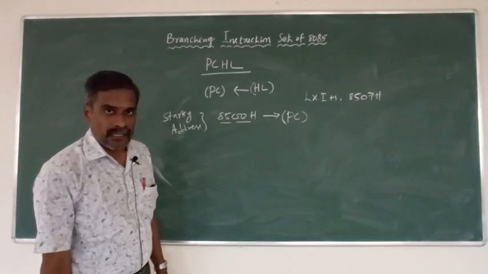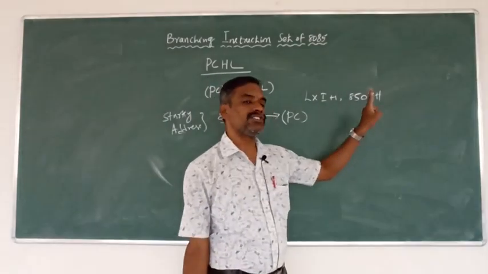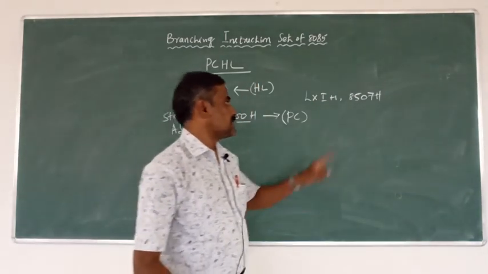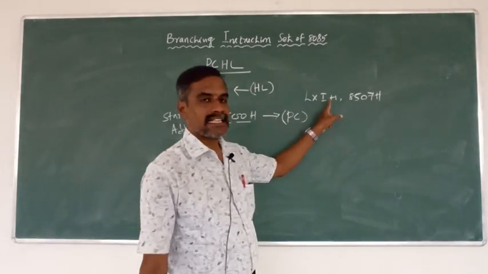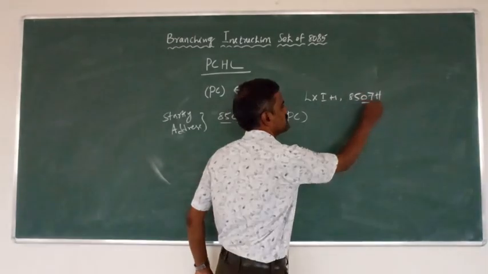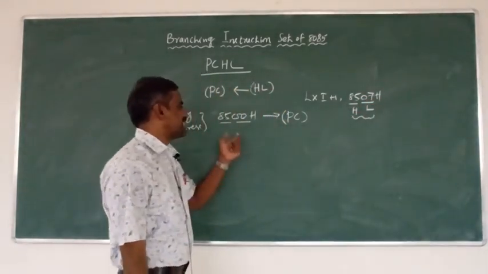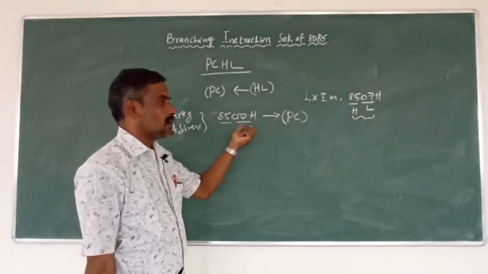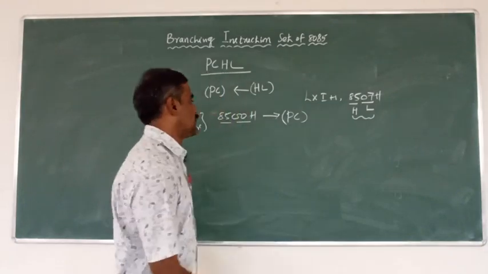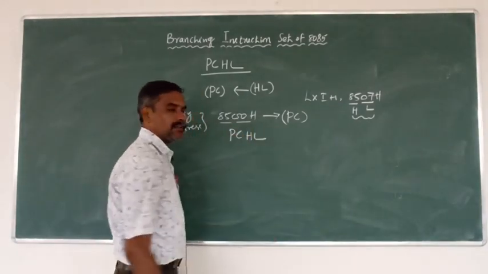If you want to execute directly the 8507 address, at that time first we have to initialize the address in the HL register pair. LXI H, 8507: 07 is for the L register and 85 is for the H register. Now instead of 8500, to execute this address location data directly, we have to give PCHL.